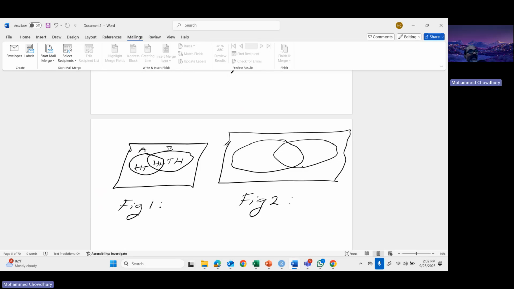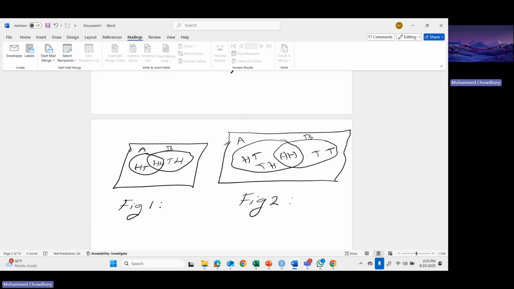But this type of thing could be independent or dependent. How? Take a look at that. This is HT, this is TH, that is HH, and this is TT. Now check whether A and B are independent in figure 2. In figure 1, I already showed you that events A and B are independent. Now I want to show they are sharing one element, HH, which both have. I want to check whether A and B are independent in figure 2.